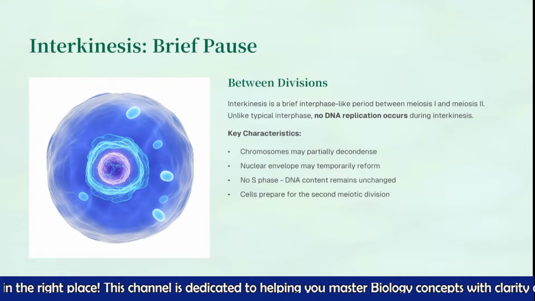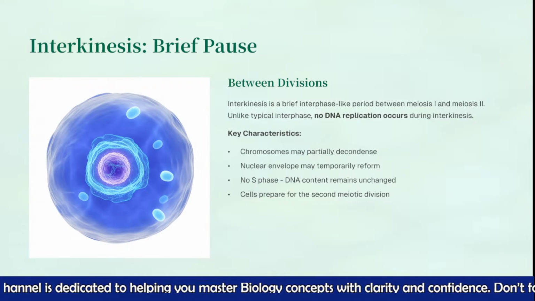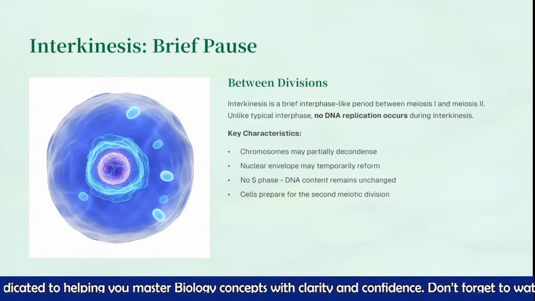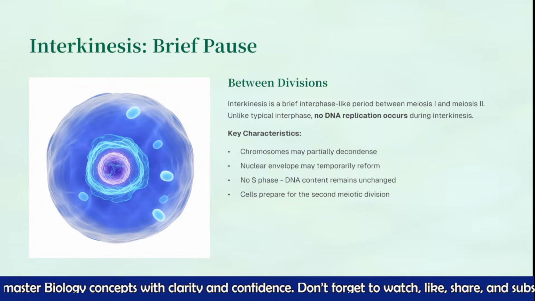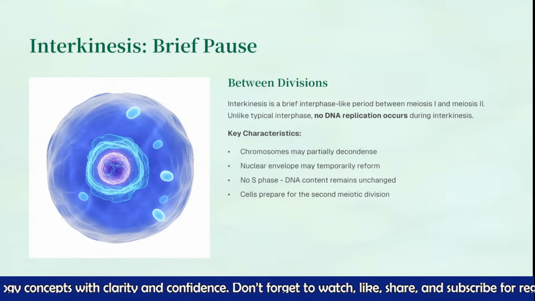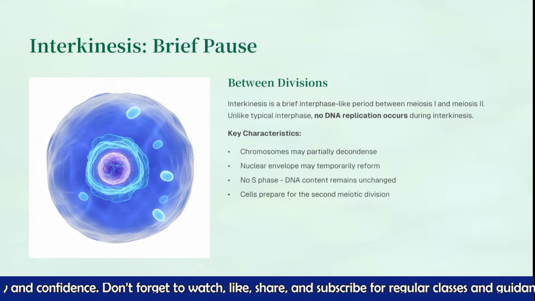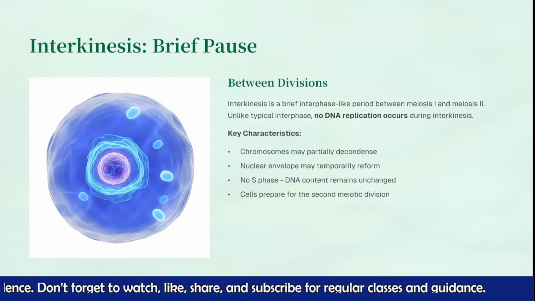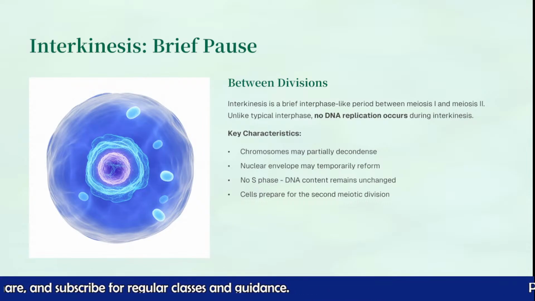There is a small stage between meiosis 1 and meiosis 2, which is called interkinesis. Interkinesis is different from interphase. We learned interphase in the previous class, in the cell cycle. Here it is interkinesis.